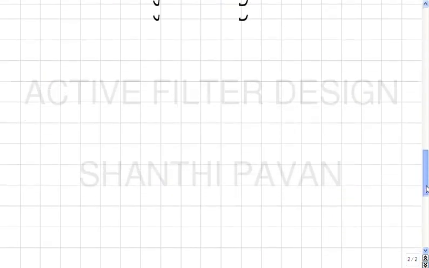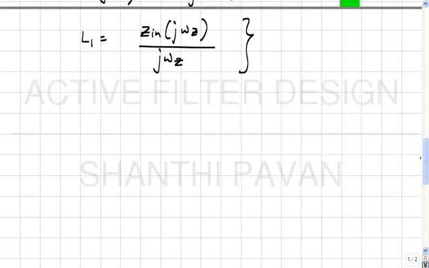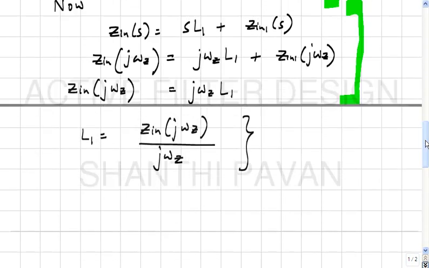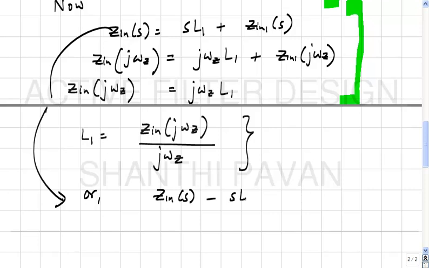Okay, so equivalently, this can be written as Zin of S minus SL1 becomes equal to 0 at S equal to j omega z.